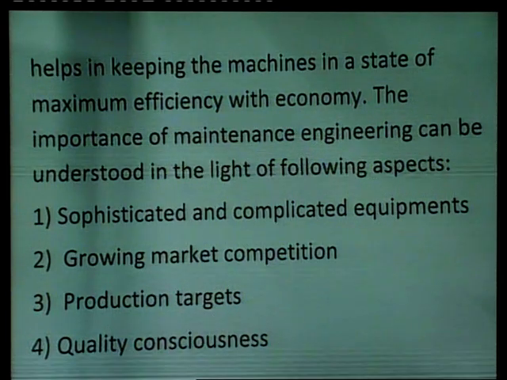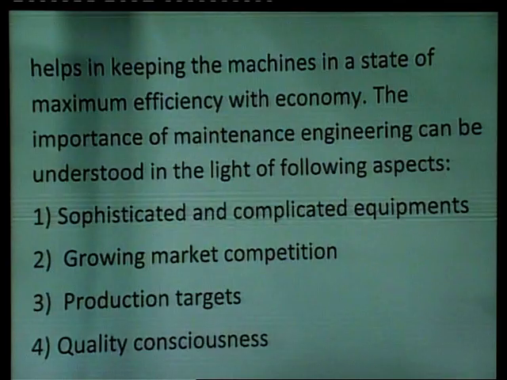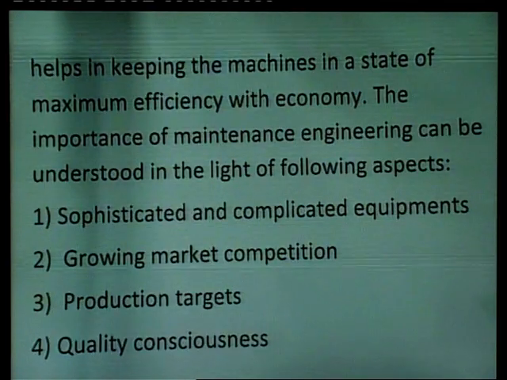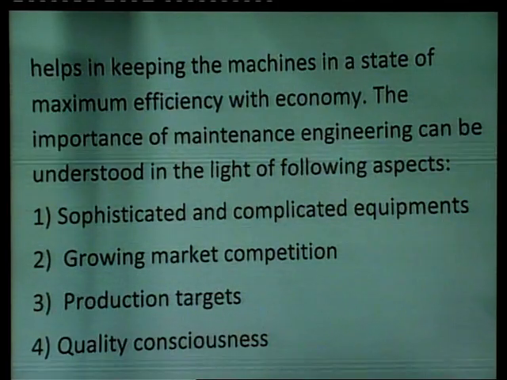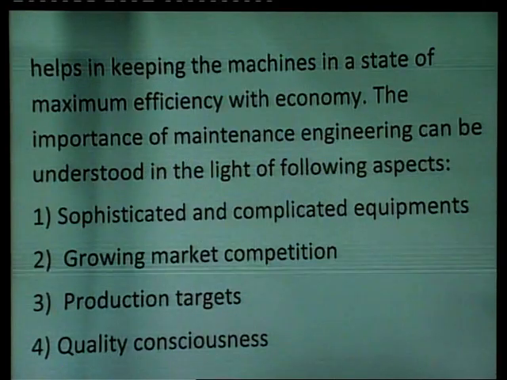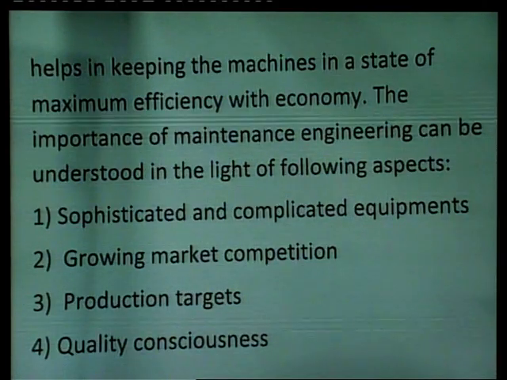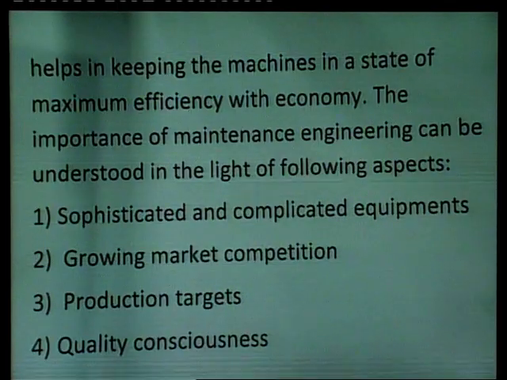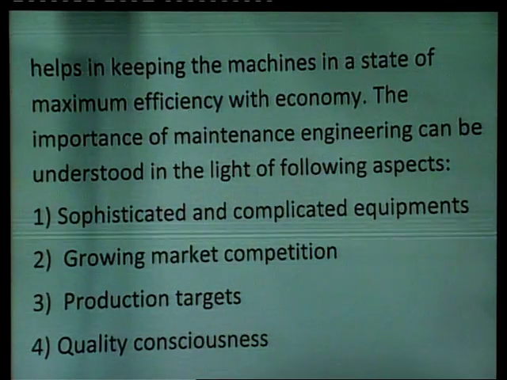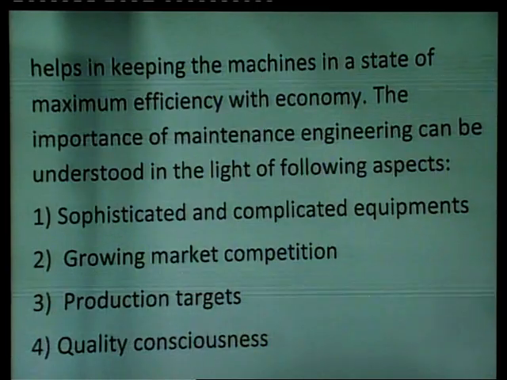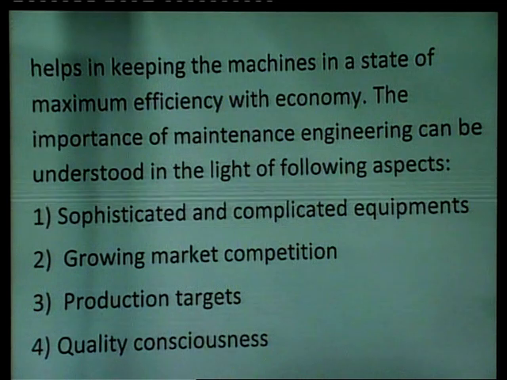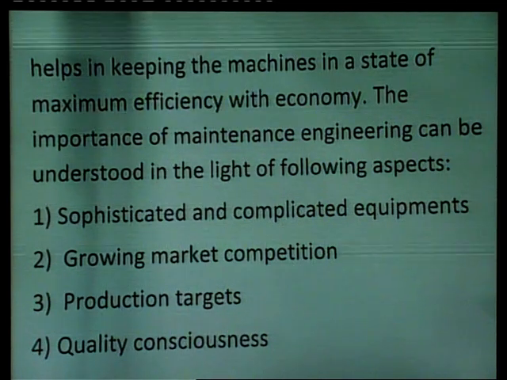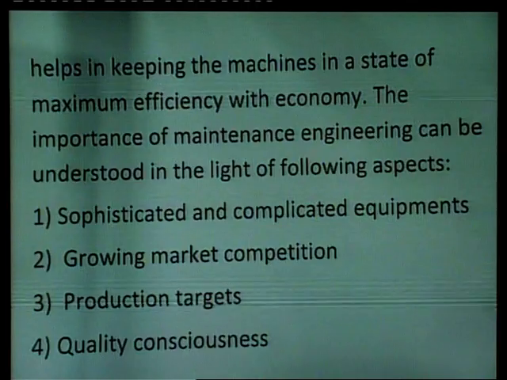So third importance of maintenance is the production targets. Production target means the output. To ensure the maximum availability of each working unit in a plant, the maintenance action could be scientifically planned in conjunction with the production requirements and schedules so that the process interruption and production losses may be minimized.